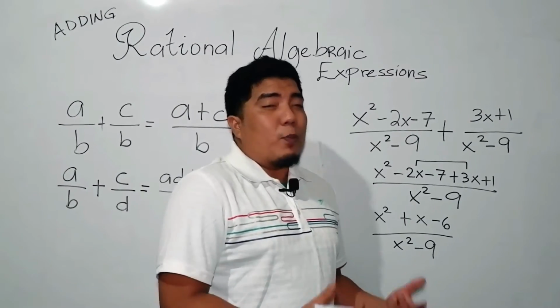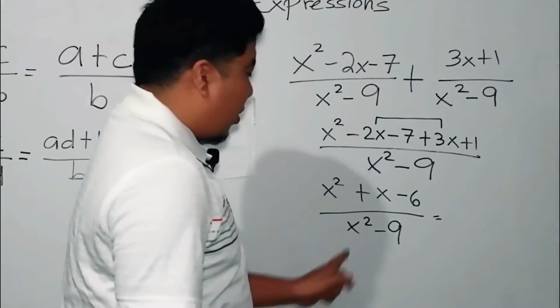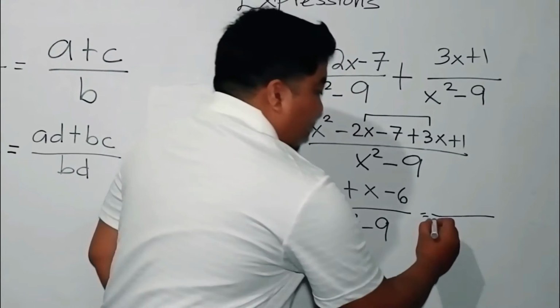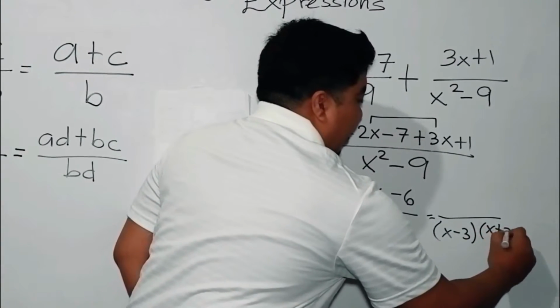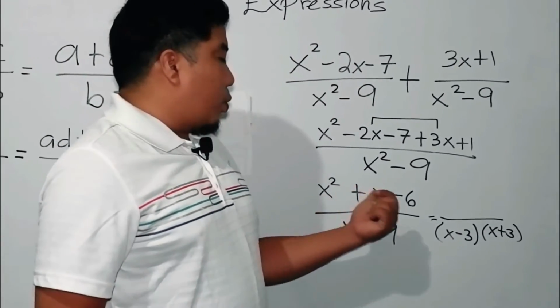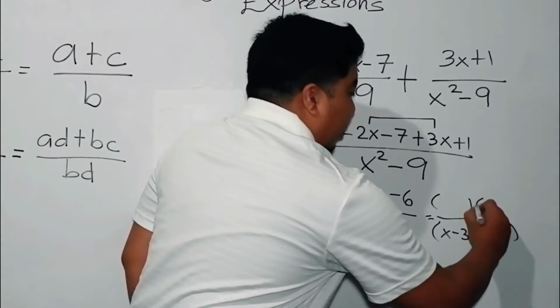So somehow, we can say that there are factors for these. So x squared minus 9, the factors of that are x plus 3 and x minus 3. Then, for the x squared plus x minus 6, we can have two factors.